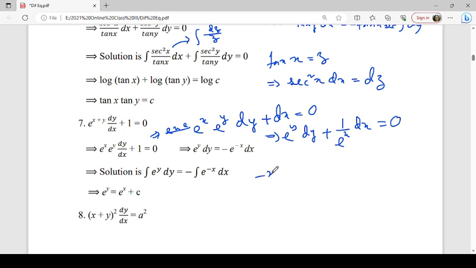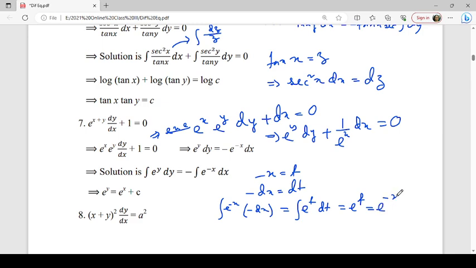If we write minus x is equal to t, then minus dx is equal to dt. Then integration of e to the power minus x, the minus you take inside with dx, in place of minus x we write t, and in place of minus dx we write dt, so it is e to the power t, and in place of t we write again minus x.